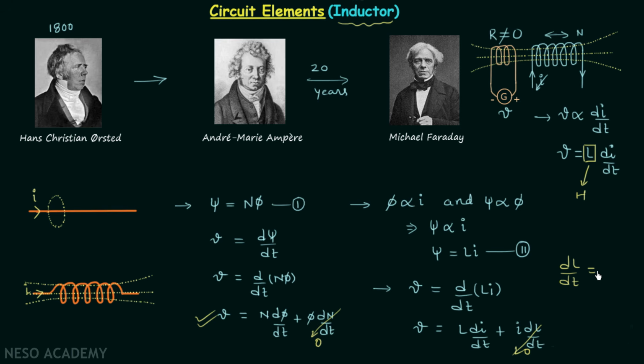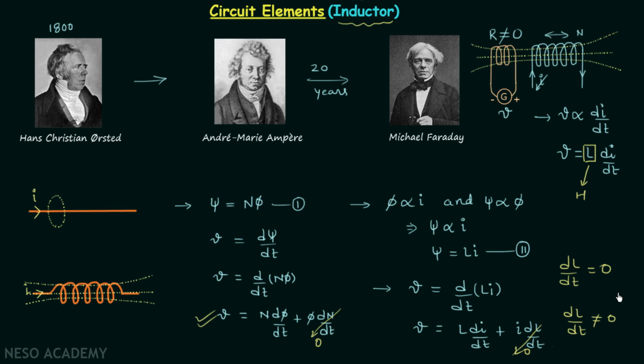dL by dt will be equal to 0 in the course network theory, because in this course you will find L as a constant, but in measurements dL by dt is not always equal to 0. Why? Because L is not always constant.